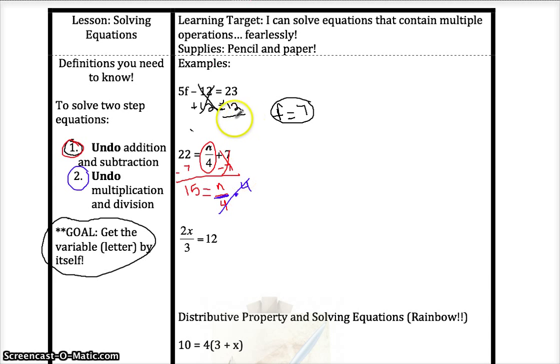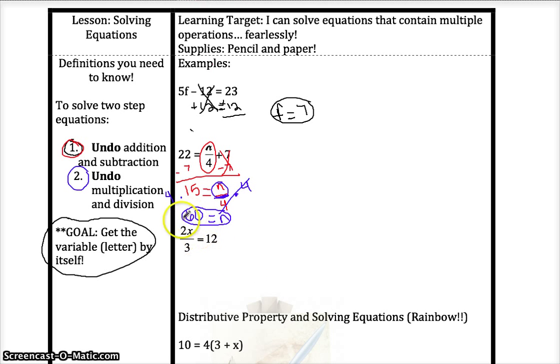It turns to 1. And then I need to multiply 4 into the other side. 4 times 15 is 60. And 60 equals, well, all I have left on the other side is just this n. So 60 equals n is my final answer.